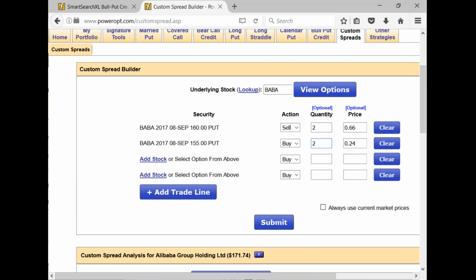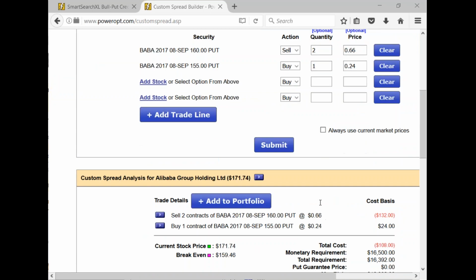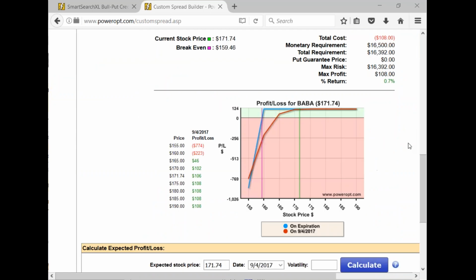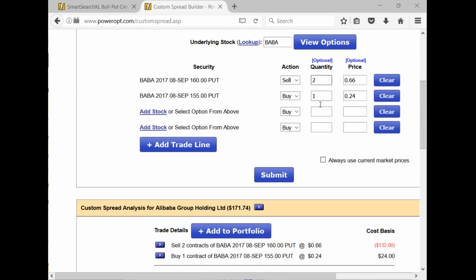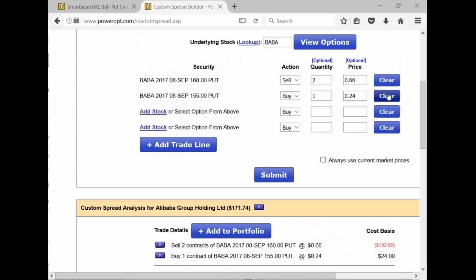Okay. Which one still? There we go. All right. So this is not doing what I want it to. Selling 2, buying 1. It's just not showing the proper. Because I have it reversed. Let's just do this right.